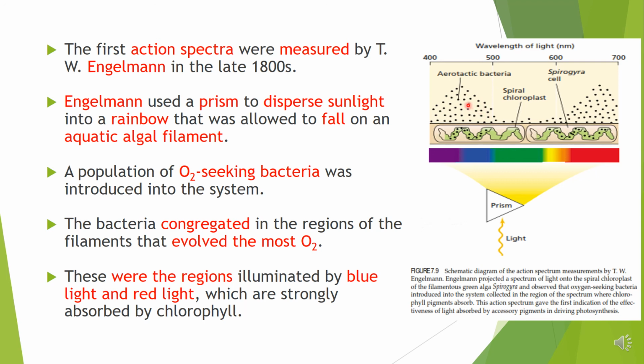other side he used oxygen-seeking bacteria. We can say the congregation of these oxygen-seeking bacteria will be maximum in the regions where the process of photosynthesis can occur, because oxygen is evolving as a byproduct of photosynthesis.